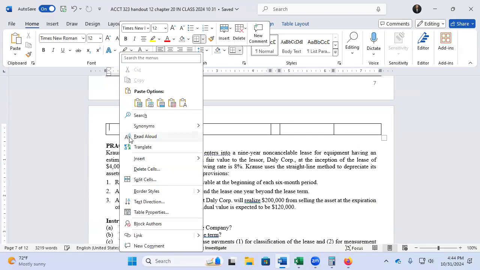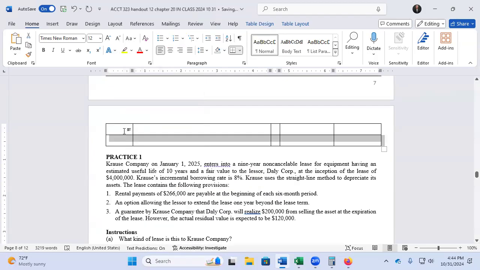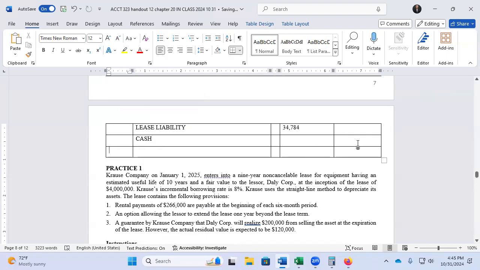And then they didn't ask for it, but they give it to you, so I'm going to give it to you as well. When they make the payment, it's a debit to lease liability, 34,784, and then cash, 34,784.